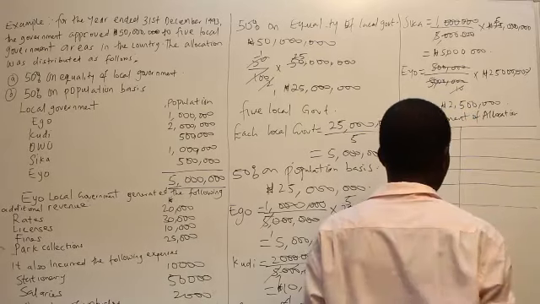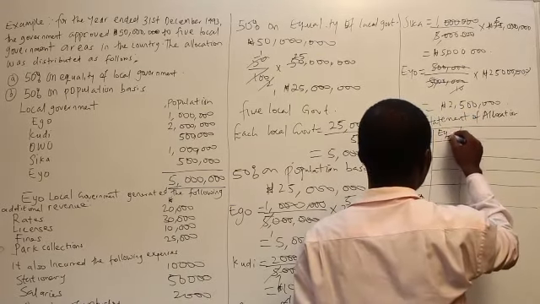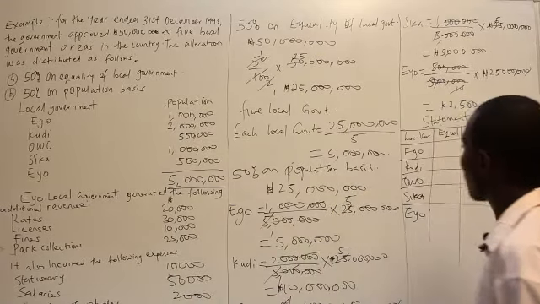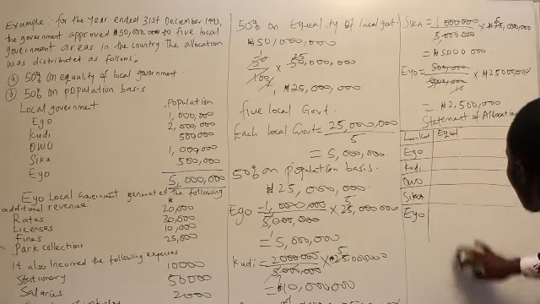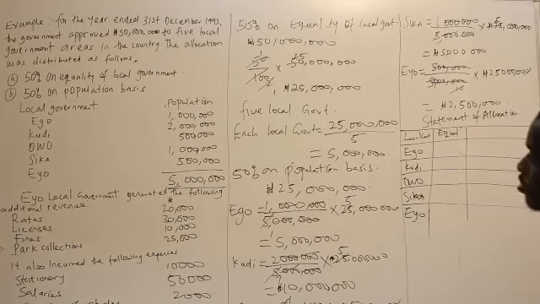So we have the equal basis. On equal basis, how much did each local government receive?